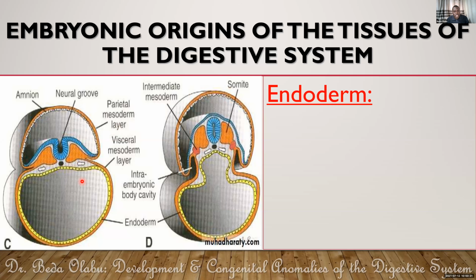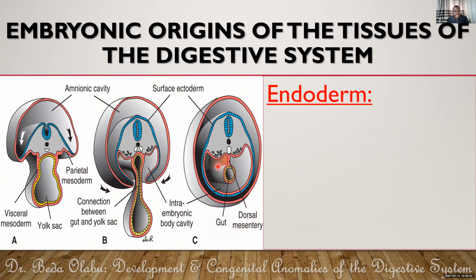We have stated that endoderm is the innermost layer of the primordial gut. And as the embryo folds, these two images show us different stages of embryonic folding. We can see this is the future alimentary canal. And in this image, we see it better: the yellow represents endoderm, the inner lining of the gut.